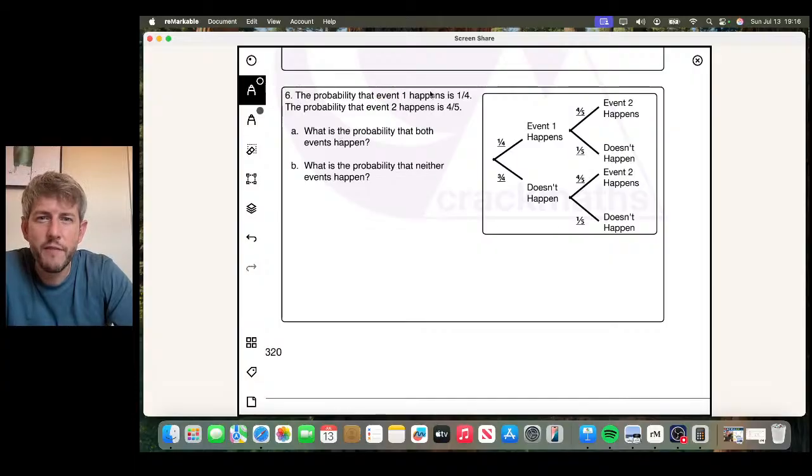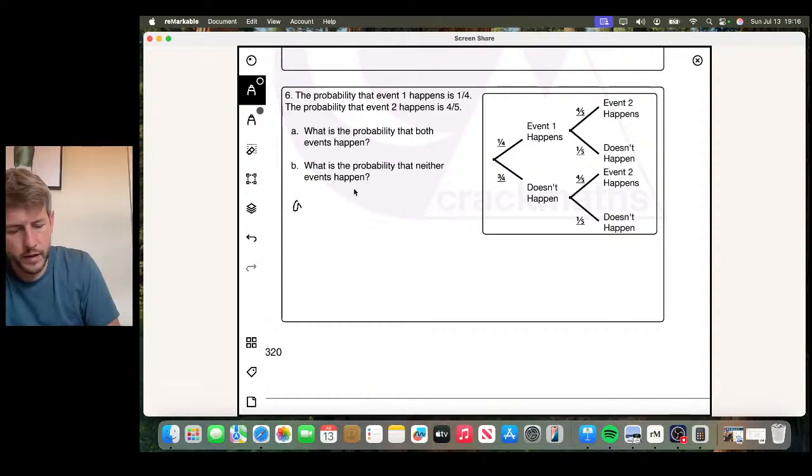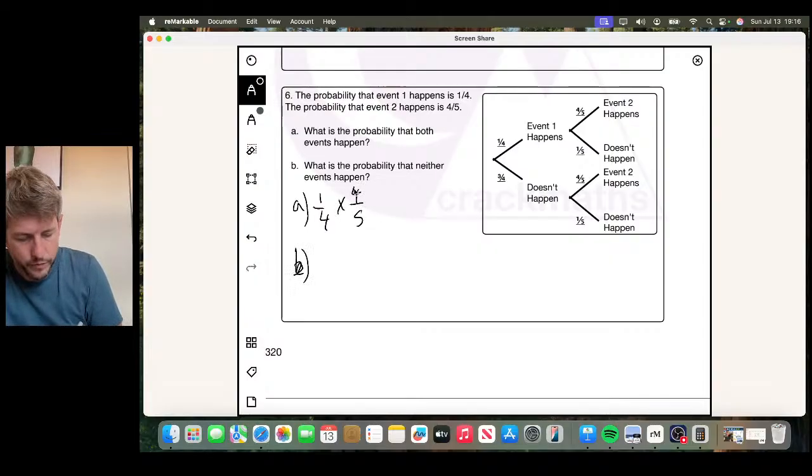The probability that event 1 happens is 1/4. The probability that event 2 happens is 4/5. What is the probability that both events happen? What is the probability that neither events happen? Okay, so A, we've got 1/4 times 4/5, 4/20.